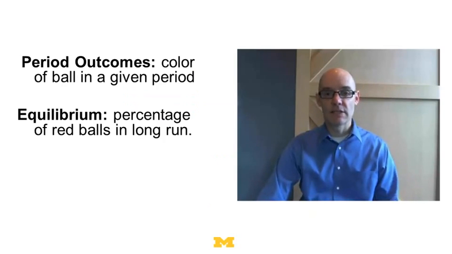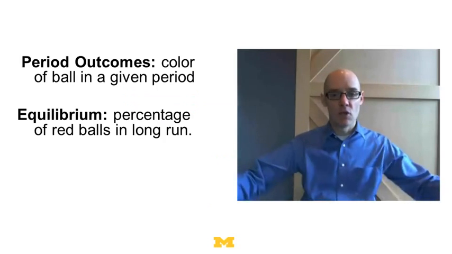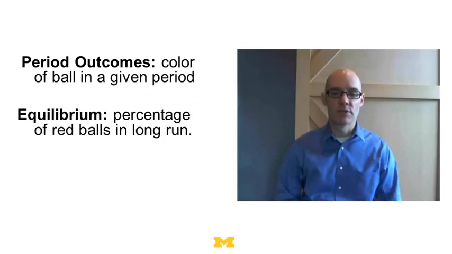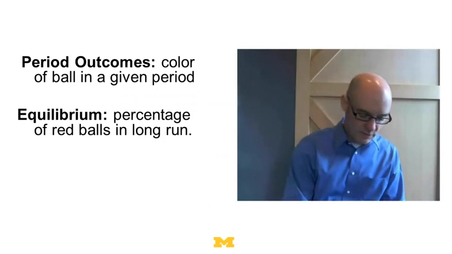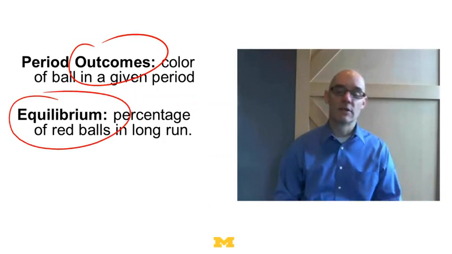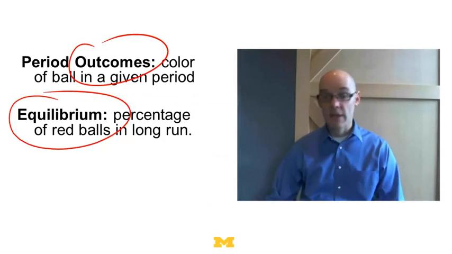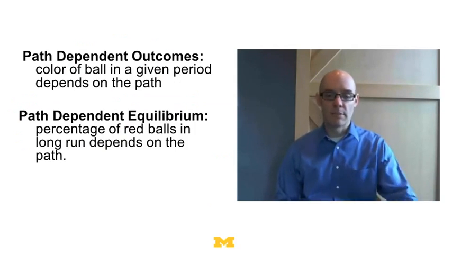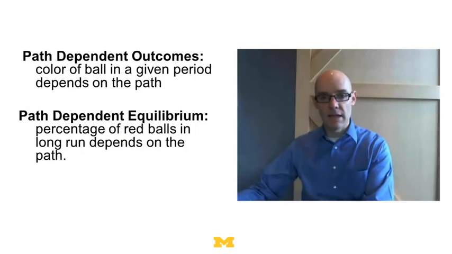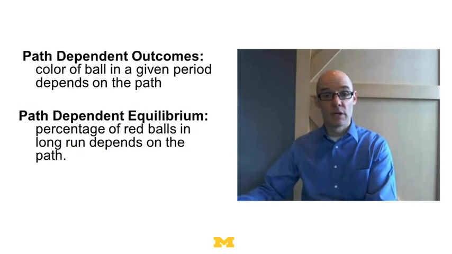You might want to make a distinction between the period outcomes, what happens in a particular period, versus in the long run, what does the distribution of balls in the urn look like? So when you think about path dependence, we can think of it either in terms of these outcomes, or we can think of it in terms of the equilibria that are generated. So that's going to be an important distinction. Path-dependent outcomes just means that what happens in a period depends on what happens in the past. That's going to be true of both the Polya process and the balancing process.